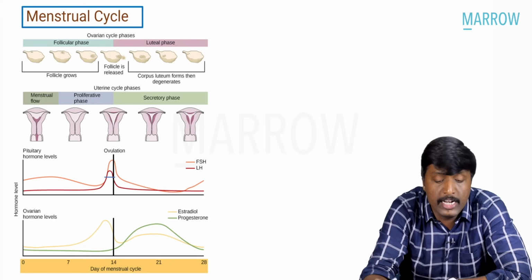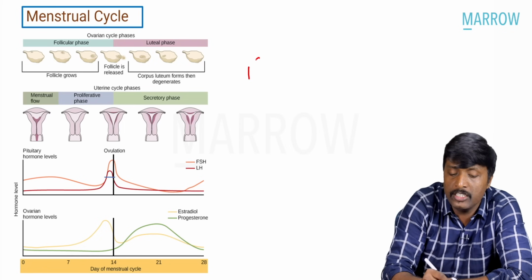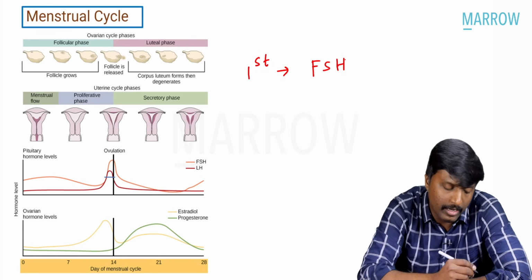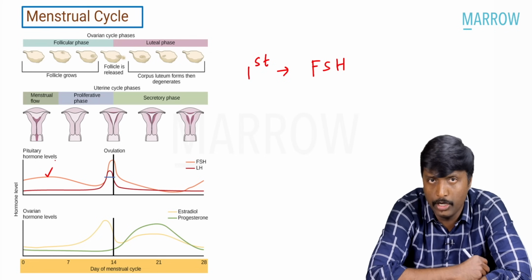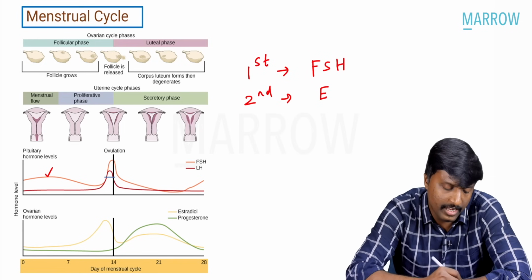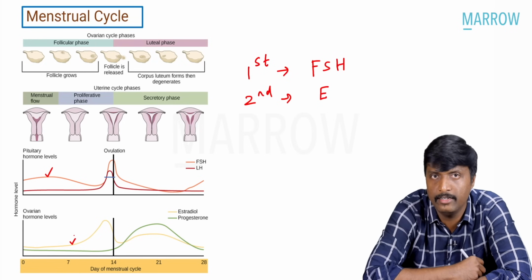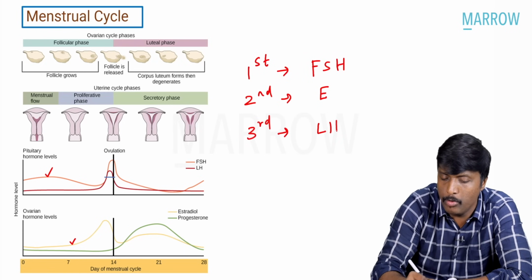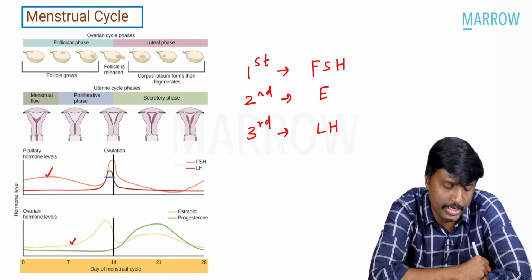See guys, the timeline is very important. Which is the first hormone to rise? It is always FSH. Look into the diagram. This is FSH, first hormone. The second hormone to rise is none other than estrogen. Look into this graph. This is second, estrogen. The third, luteinizing hormone surge, responsible for ovulation.